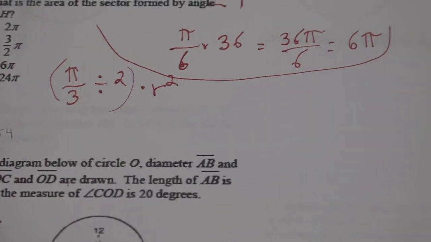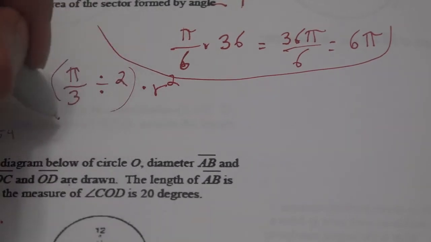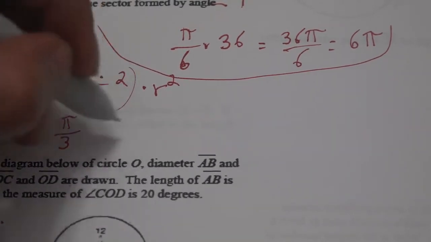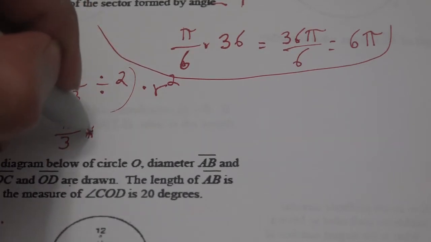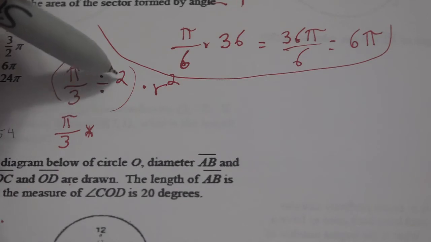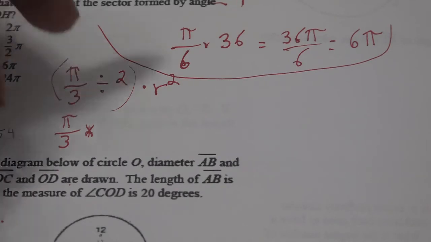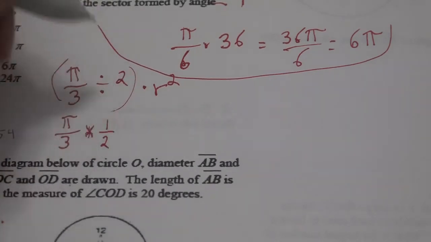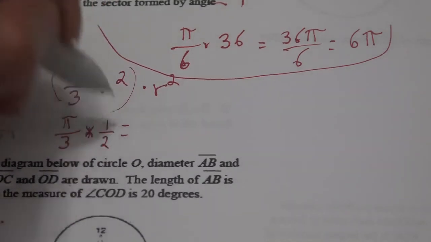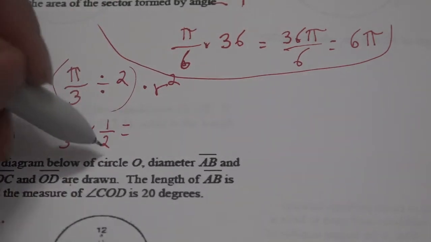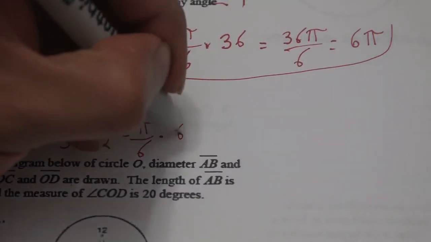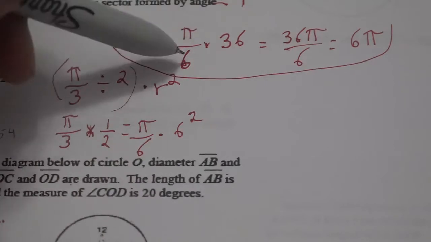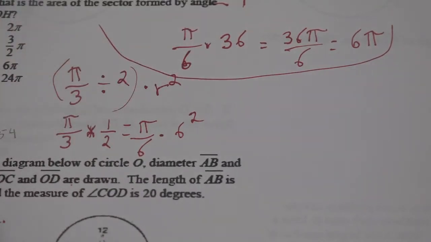And now to rewrite this, when you are going to divide by a number, switch the division sign to multiplication and flip the fraction. Well, this is 2 over 1, so this will be 1 over 2. And what do you get? Pi over 6, you see? And then you multiply by the radius squared, and that's basically right here. All right? So your answer is 6 pi.